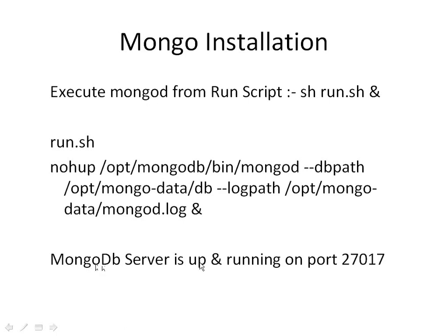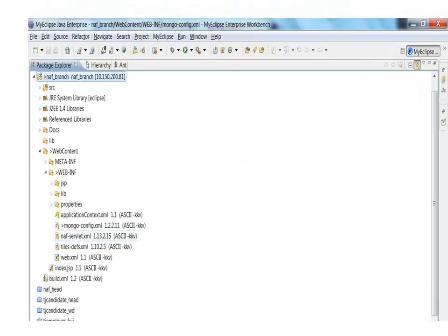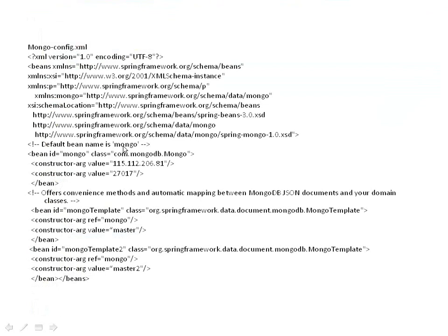So the MongoDB server is up and the port on which it runs is 27017. Similarly in Mongo config, I specify on which server it is running, the IP of that server, and on which port it is running. So this is defining where my Mongo is running.